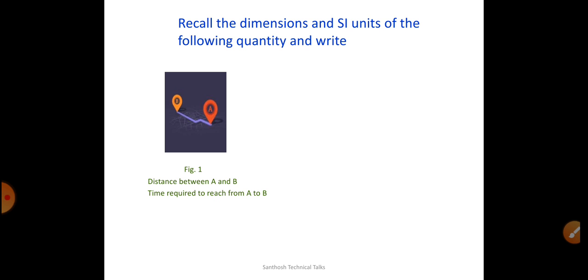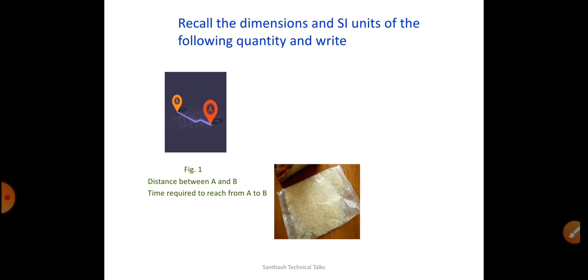Distance between the 2 points is called a length, and time to reach from point A to B or B to A is time. So the fundamental dimensions of length and time we can understand with this figure.